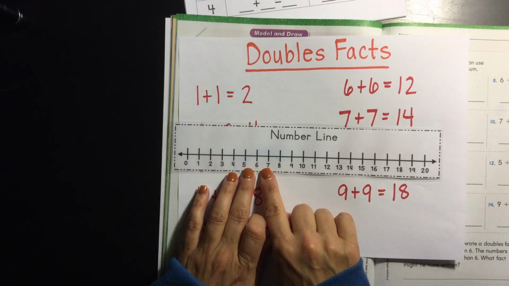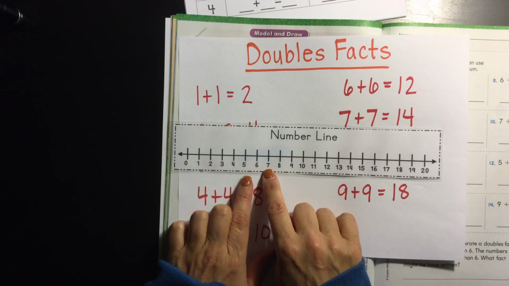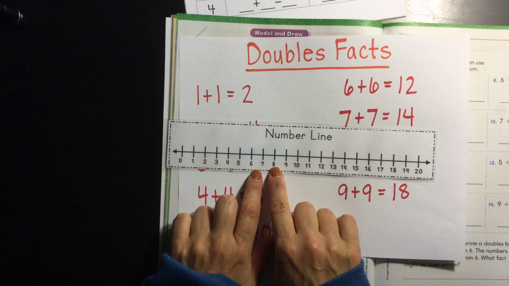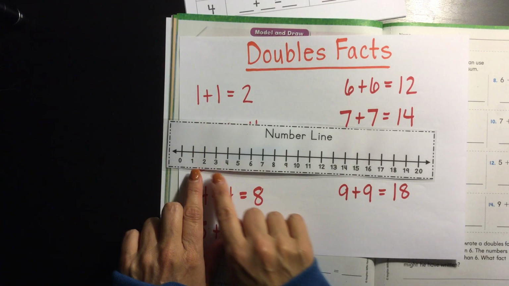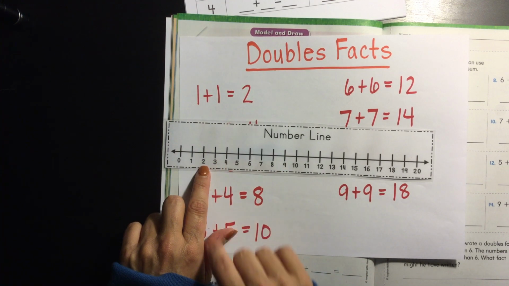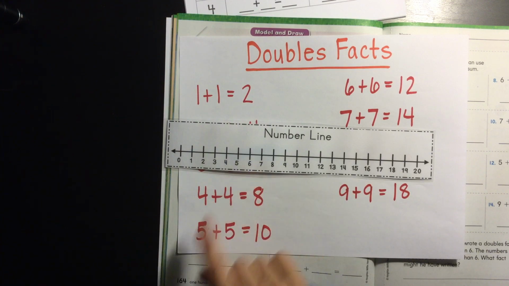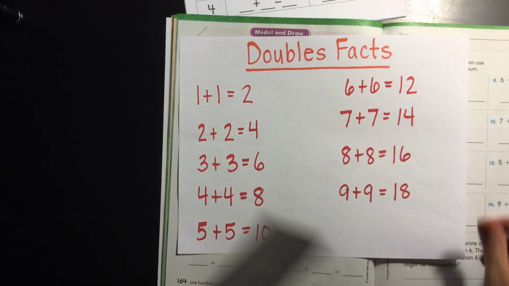So near doubles facts are facts whose add-ins can be found next to each other on the number line, such as 7 plus 8, 8 plus 7, 2 plus 3, or 3 plus 2. The numbers that you add together, the add-ins, are right next to each other on the number line.